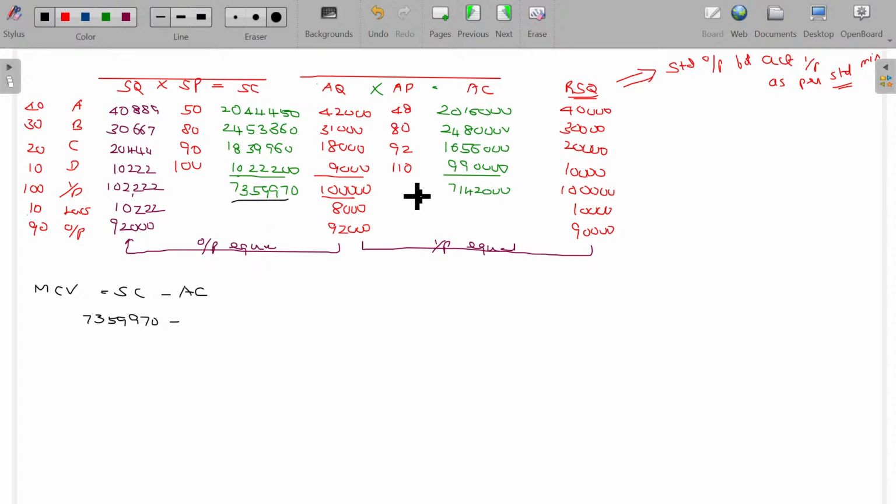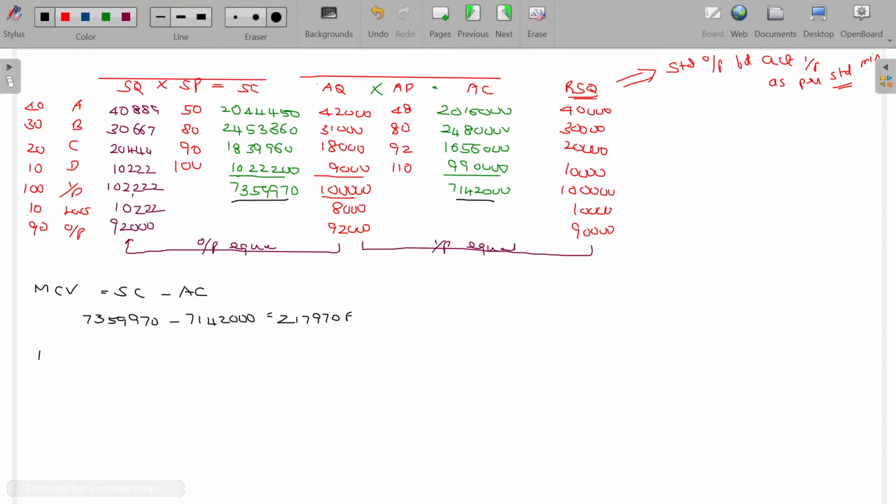Actual cost, I can directly take the total of these two so that I'll get the answer easily. Actual cost being 71 lakhs, 42,000. The difference between these two, you are saving, so it's favorable: 2,17,970 favorable. You can show the value for A, B, C, D independently also, no problem. That time also you'll get the same answer.